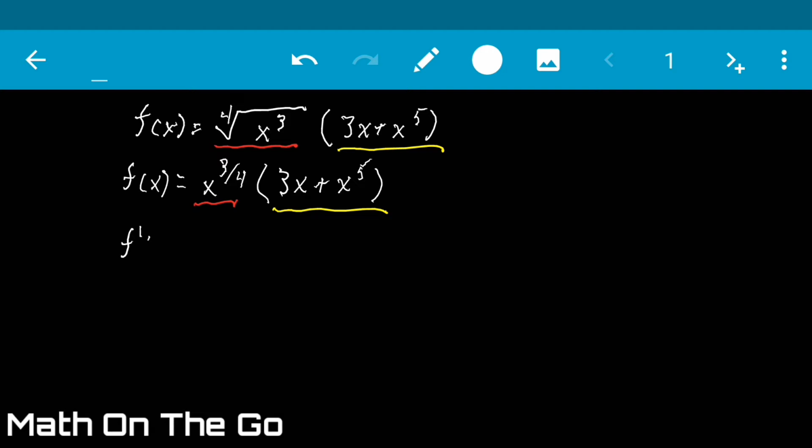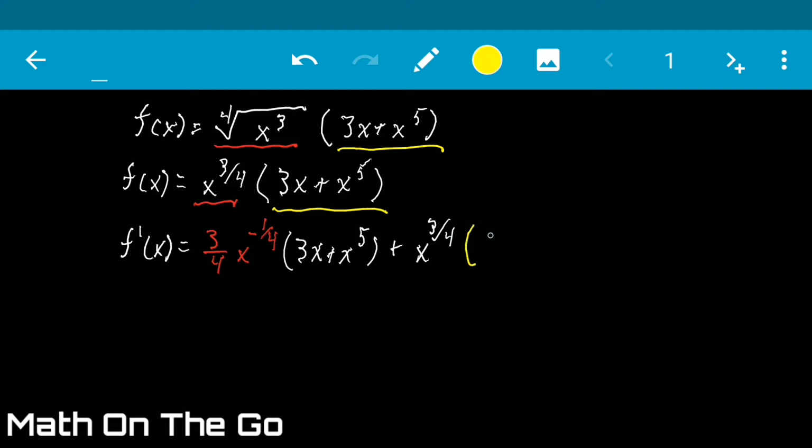F prime of x equals 3/4 x to the negative 1/4 times 3x plus x to the fifth plus x to the 3/4 times the derivative of the second, which will be 3 plus 5x to the fourth.